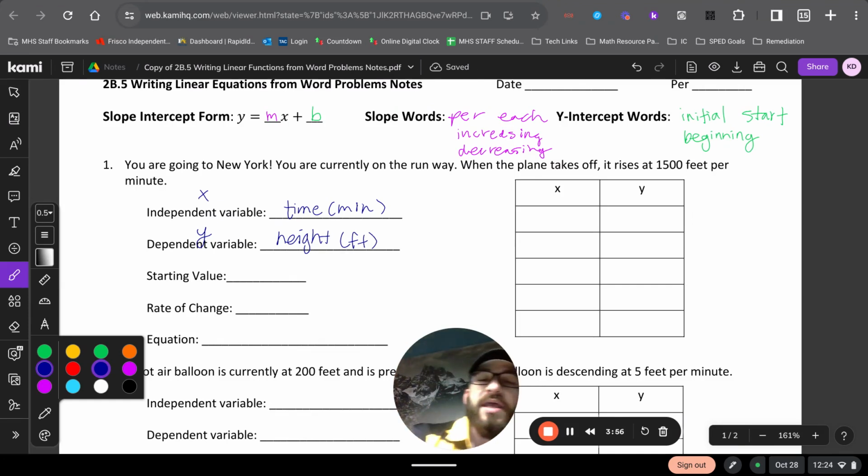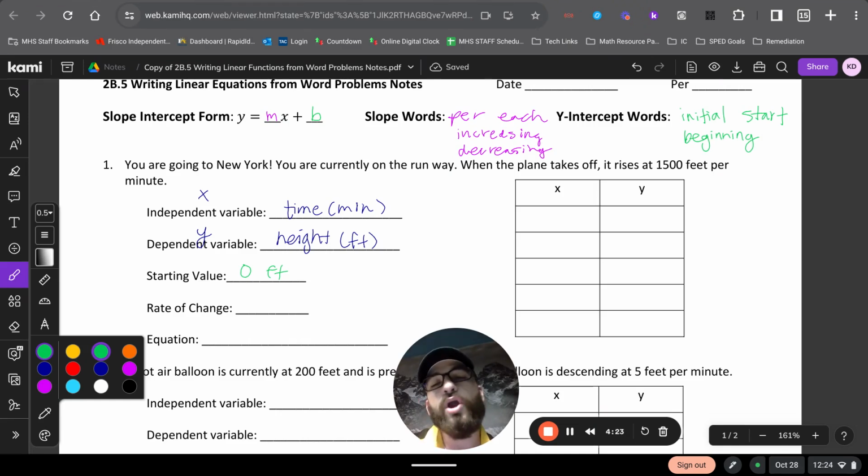Then our starting value, which remember represents our y-intercept. So our starting value, it says when the plane takes off. So if the plane is taking off, that means it's starting on the ground, and the height of the ground would of course be just 0. And then our rate of change, so remember we're looking for per, each, or maybe increasing or decreasing.